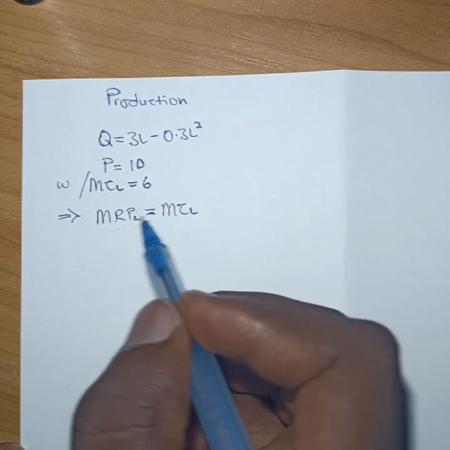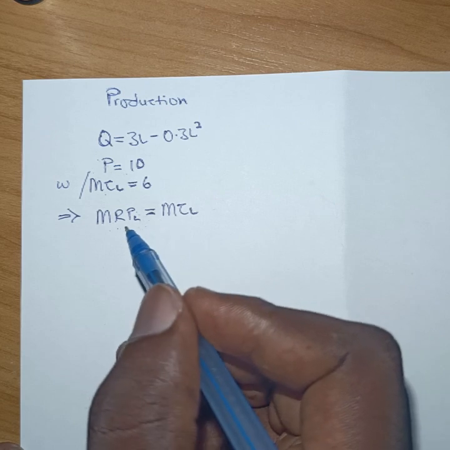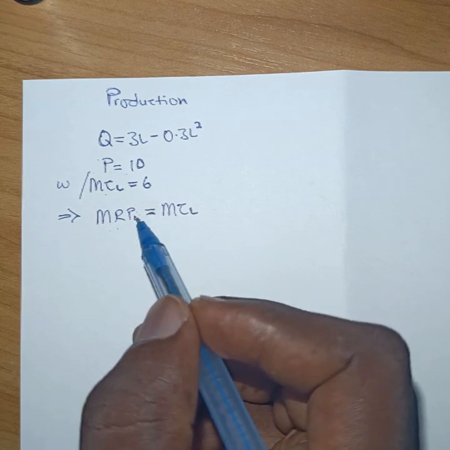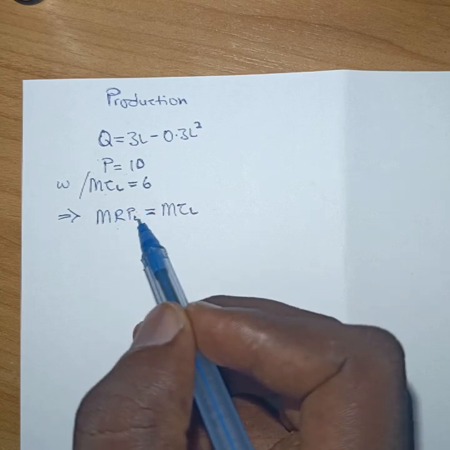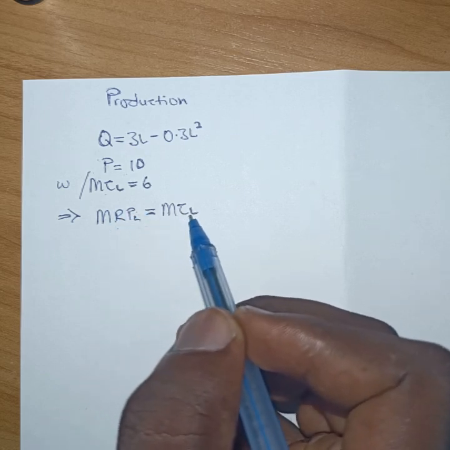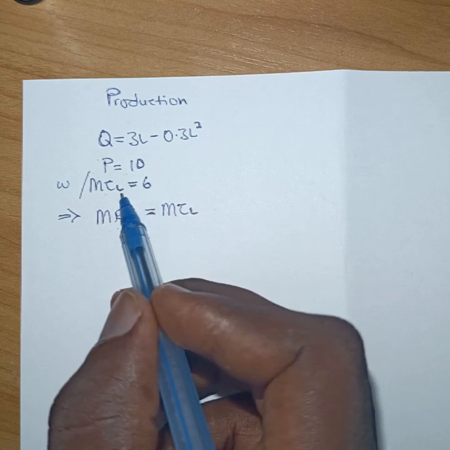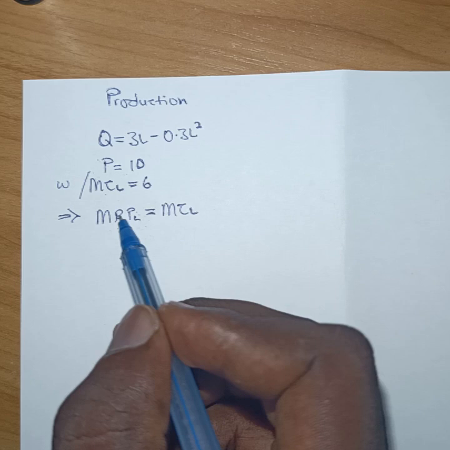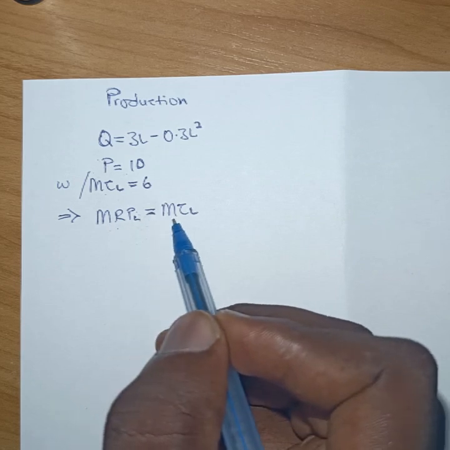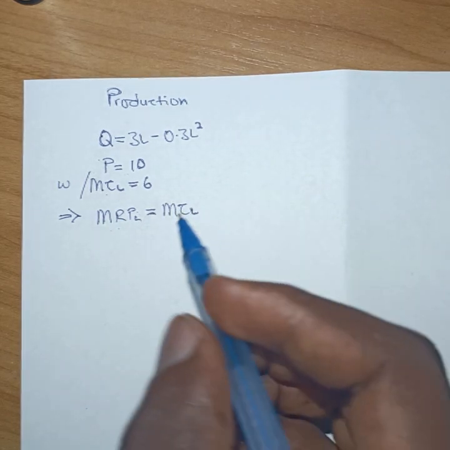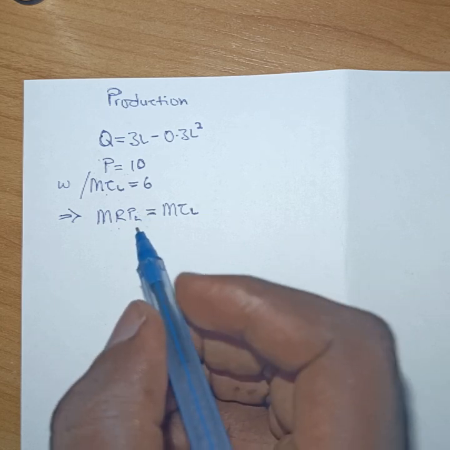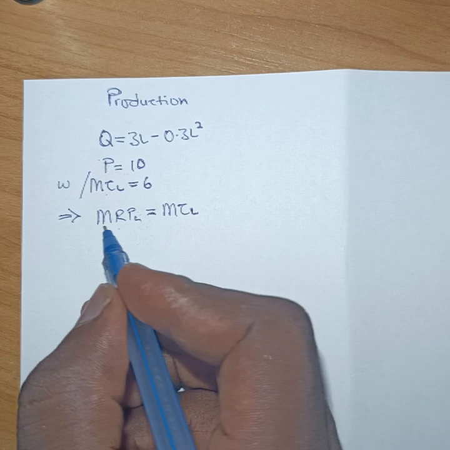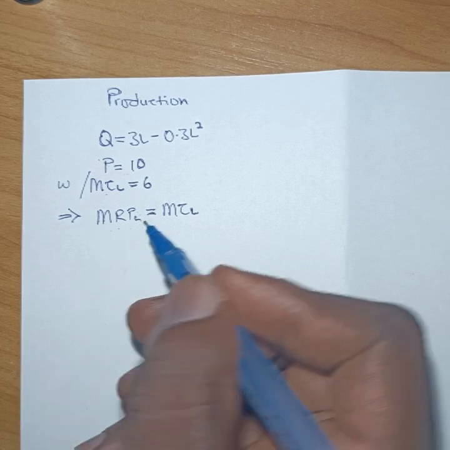So what this formula is trying to tell us is that to be able to find our optimum labor usage, it is where the marginal revenue product of labor equals the marginal cost of labor. So already we know our marginal cost of labor, okay. So we have to find our marginal revenue product of labor to be able to ascertain our optimal labor usage. Okay. So now that we've quoted this, we break this MRPL down.